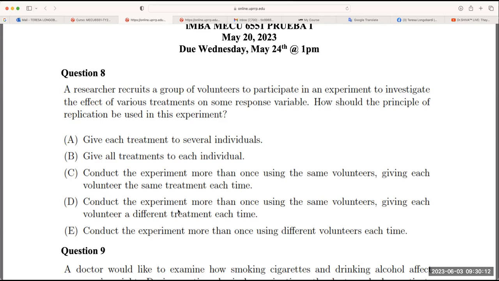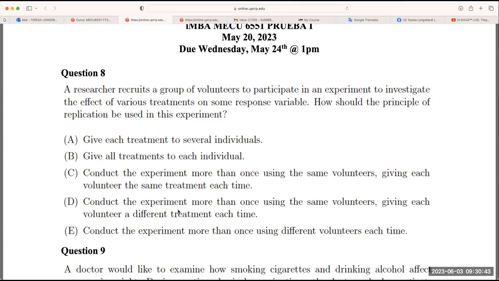You don't conduct the experiment more than once. I chose A because, in my opinion, there's more evidence that the medication does the job, not that the person is more healthy than the others. I don't know that we're talking about more healthy though.